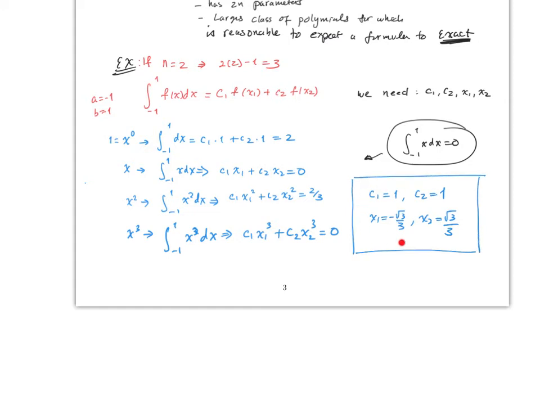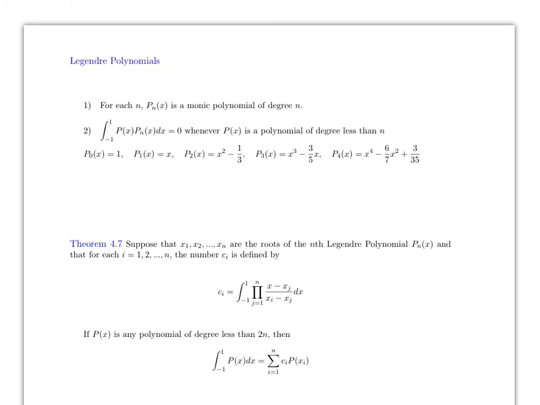This will give you precision 3, which is what we want if we use these values. Now, to solve the system of equations from the previous page by trial and error can be a little bit tricky. So instead, we're going to use the help of some new polynomials called the Legendre polynomials, which have the following two properties.